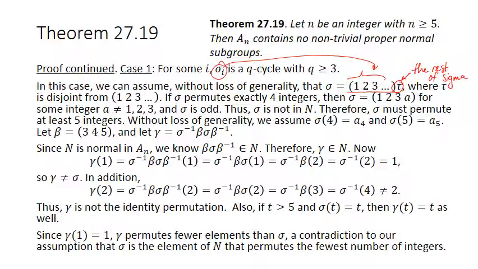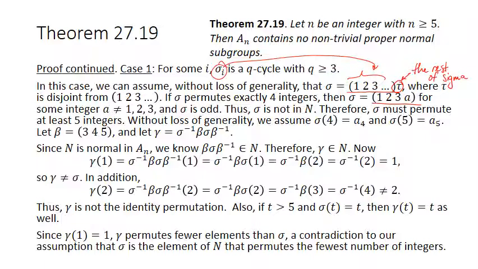That'll be disjoint. Okay, so if sigma permutes exactly 4 integers, remember we said it permutes at least 4. If it permutes exactly 4, then sigma would have to be the following. It would have to be (1 2 3 a) for some integer a which is not 1, 2, or 3. And then sigma would actually be odd.